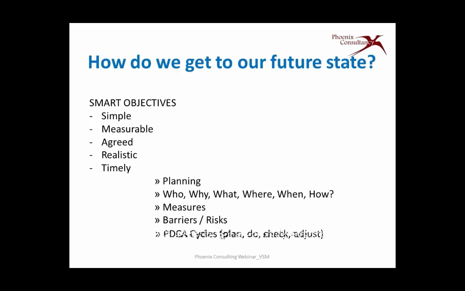Some of you know them as PDSA cycles. It's the same thing. Like a PDSA cycle, your maps should be a really iterative process for you to visit again and again. And the aim is, once you've got to future state, that whole iterative process goes round again. That then becomes the current state.